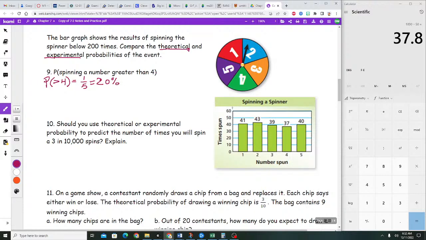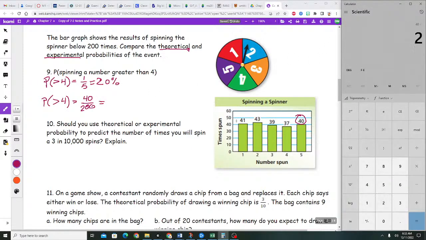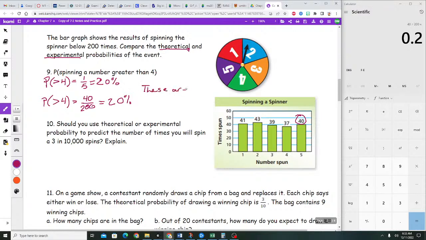Now, on the other hand, we've got 200 spins and 40 of them are 5s, which means that 40 of them are greater than 4. So the experimental probability is 40 out of 200. Going over to our calculator, 40 divided by 200 gives us 20%. So it says compare. These are the same. Now that's not always going to happen, but it happens here.